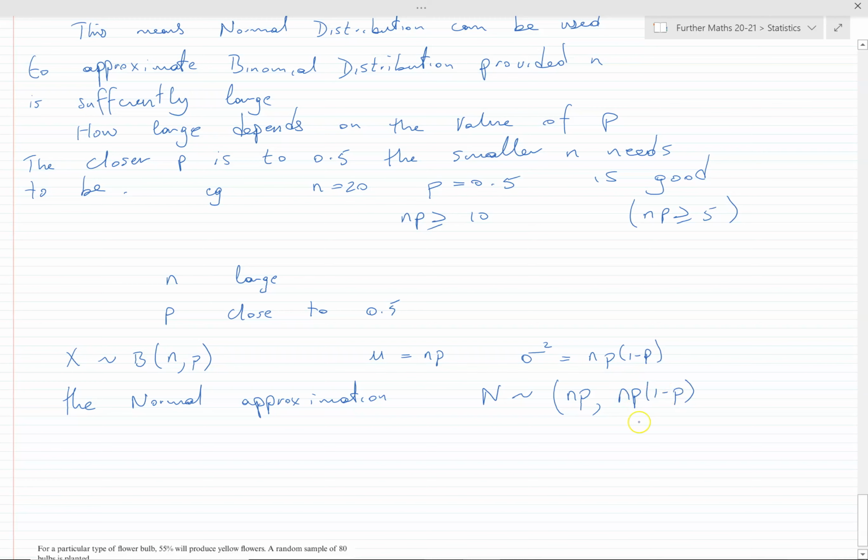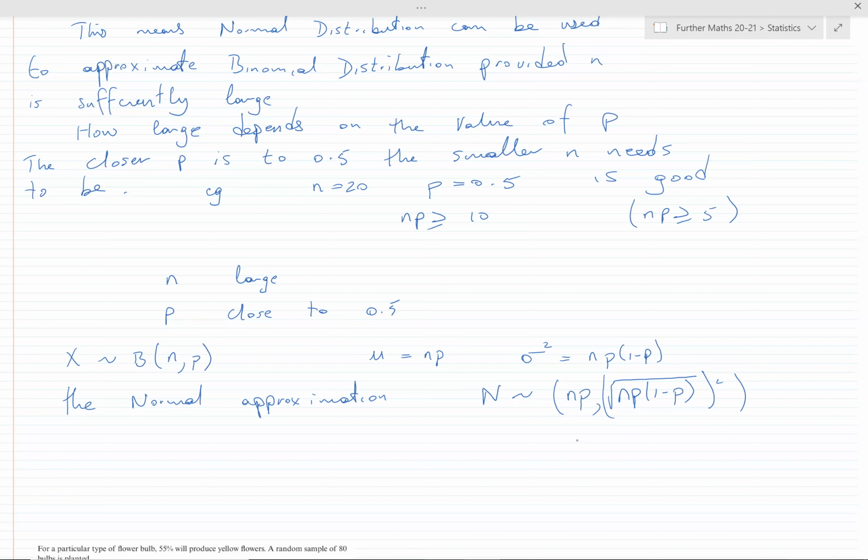Don't forget that's the standard deviation. You might write it like that, so the variance is equal to that. So that is how the approximation works. If you're given a binomial, you need to work out the mean, the variance and the standard deviation of it, and then you can work with the equivalent normal if you're doing it that way.